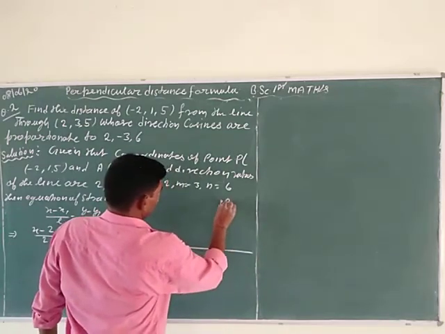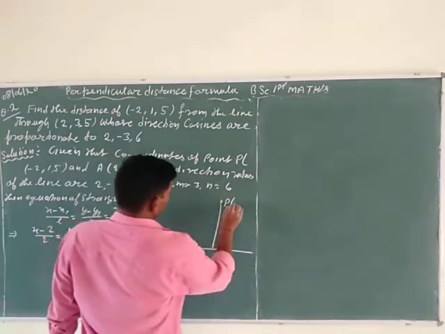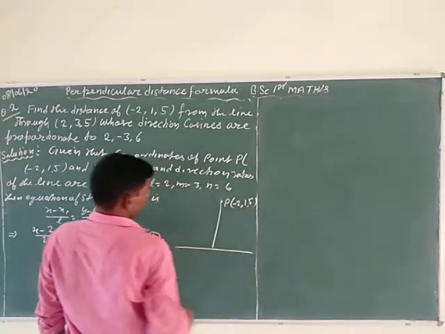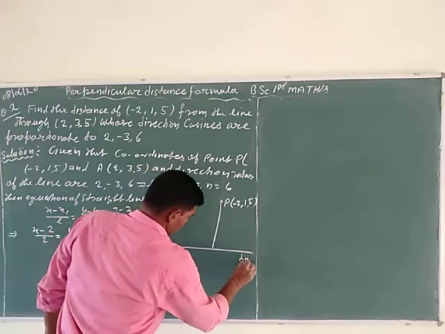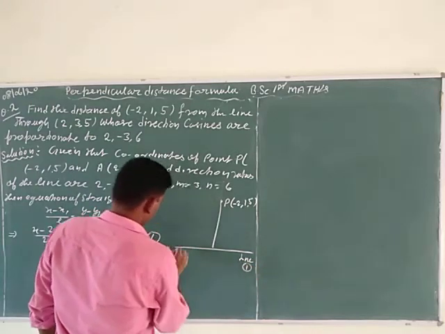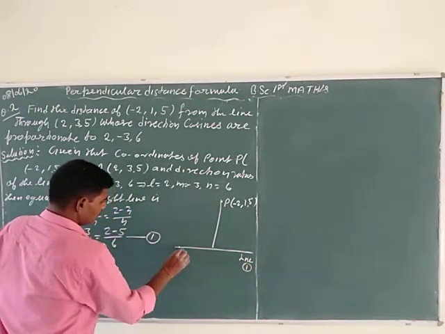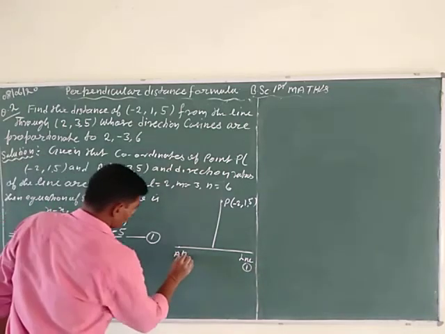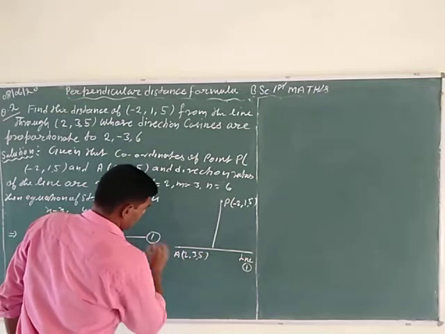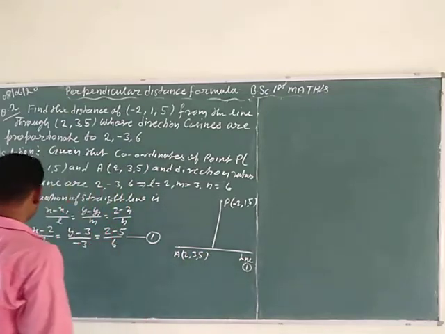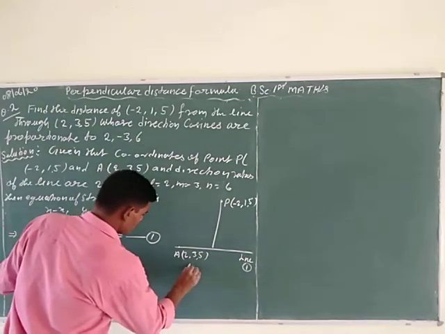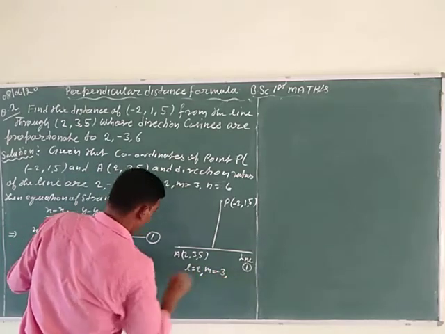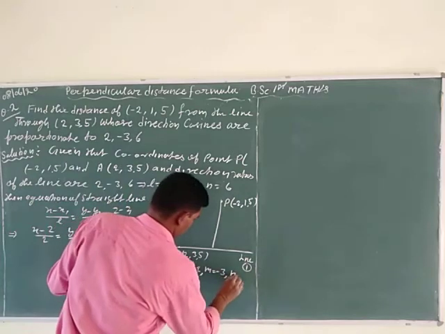Here the given point is capital P, whose coordinates are minus 2, 1, 5, and the given line is represented as the first line, and take point A, whose coordinates are 2, 3, 5. The direction ratios of the straight line are L equal to 2, M equal to minus 3, and N equal to 6.